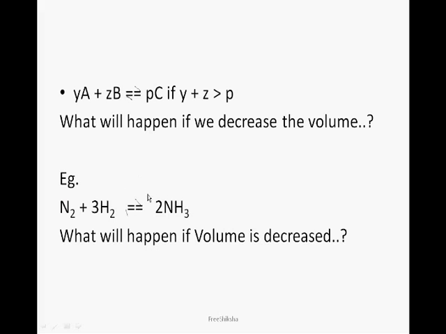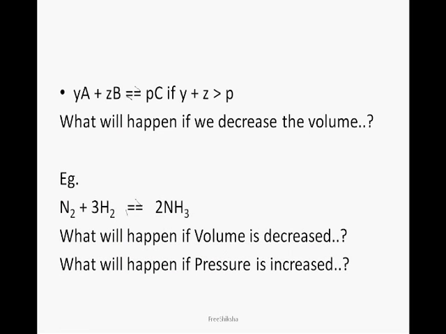If the volume is decreased, the reaction starts happening in a forward direction, so that the products are formed which occupy less space. Now there is one more question related to this: what will happen if pressure is increased? Again, if the pressure is increased, we know that pressure is inversely proportional to volume.